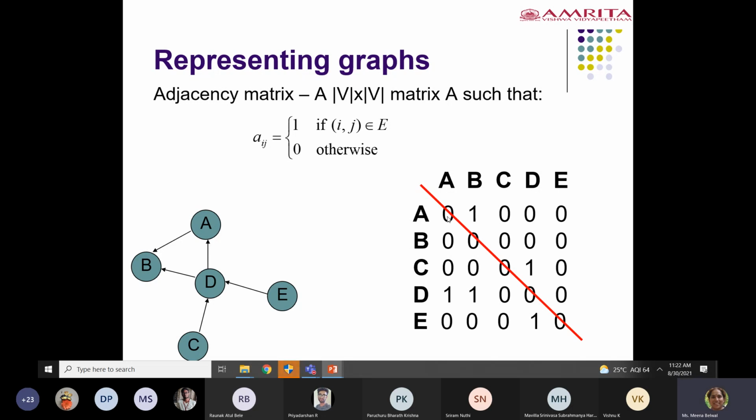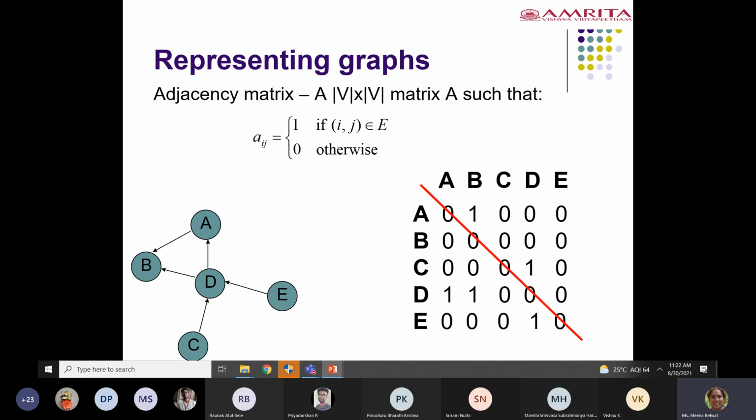If I say transpose, this row is not the same as this column. It is not a symmetric matrix. So the answer for that question is, when the graph is undirected, yes, the adjacency matrix is symmetric. But if it is a directed graph, then the adjacency matrix will not be symmetric.